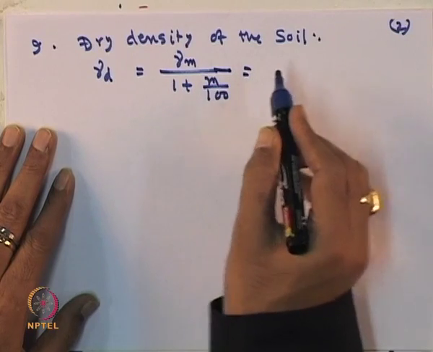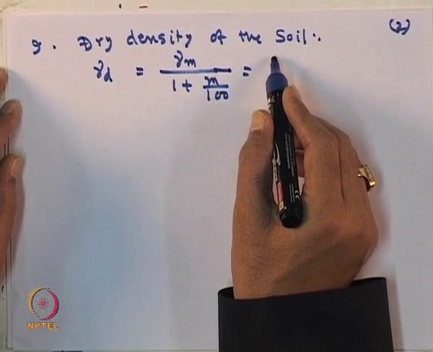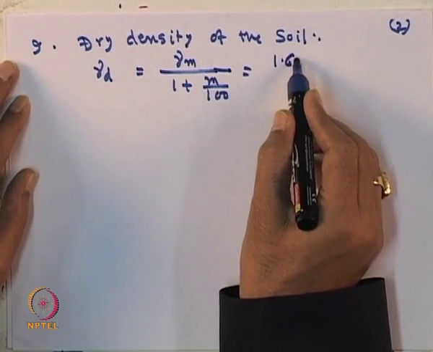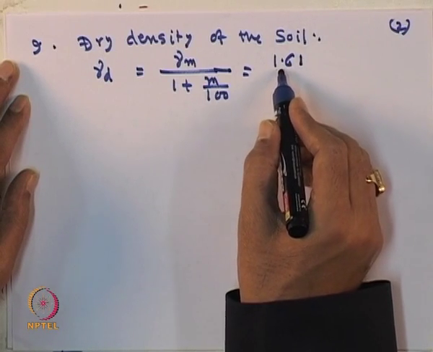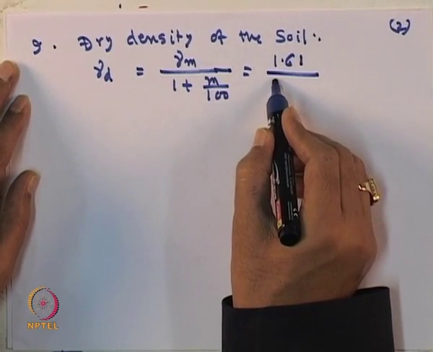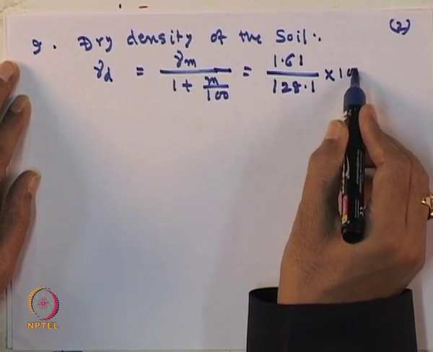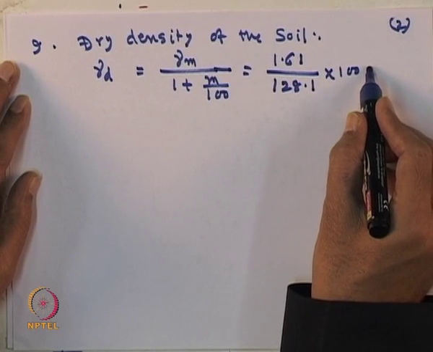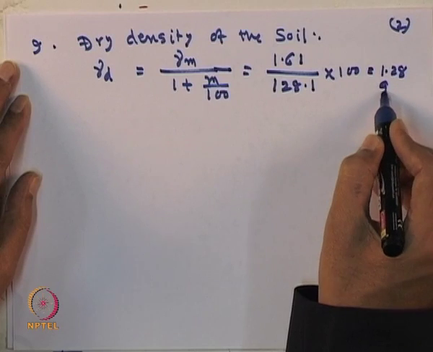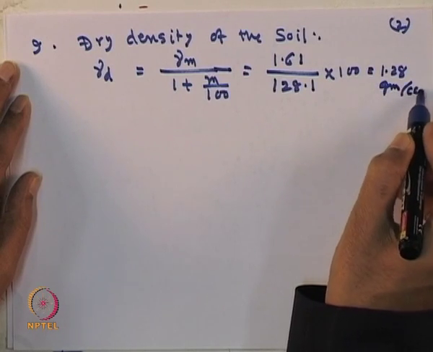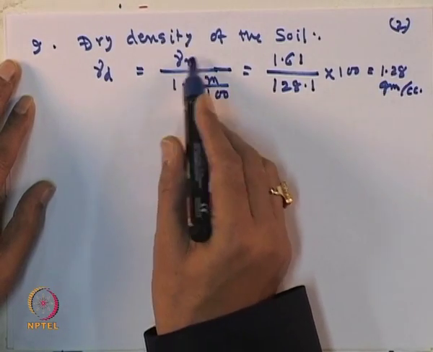So, this will be gamma M, that is 1.61, divided by 1.281, which is 1.28 gram per cc. So, gamma M is the weight density of the soil.